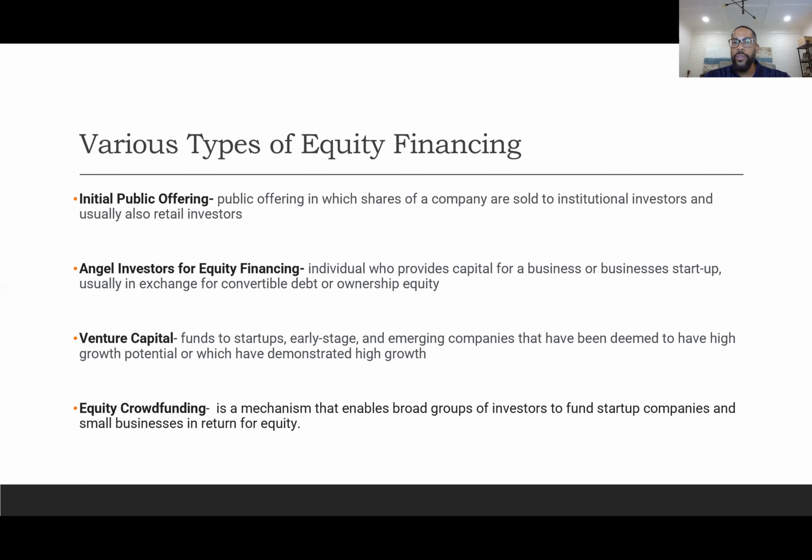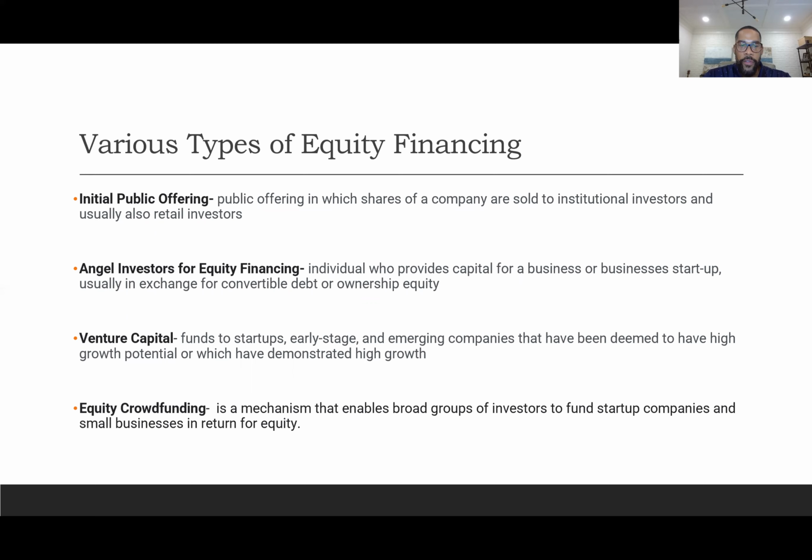The various types of equity financing. You have initial public offerings. These are for companies that are looking to go public, in which shares of a company are sold to institutional investors or to retail investors. Angel investors for equity financing. These are individuals who provide capital for a business or business startup, usually in exchange for convertible debt or ownership equity.